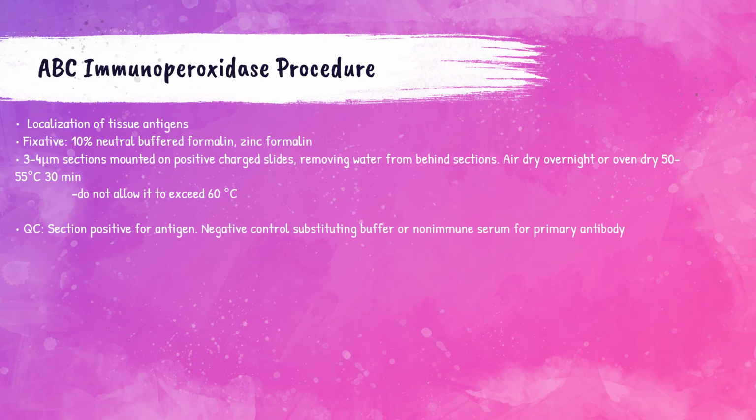The ABC immunoperoxidase procedure, the ABC stands for avidin biotin complex immunoperoxidase procedure, is used for the localization of tissue antigens, so antigens within the tissue. This particular method utilizes 3 reagents: primary antibody, biotinylated secondary antibody, and ABC.